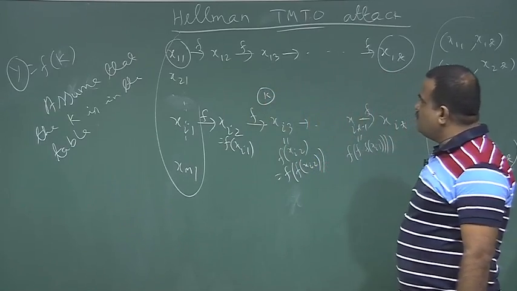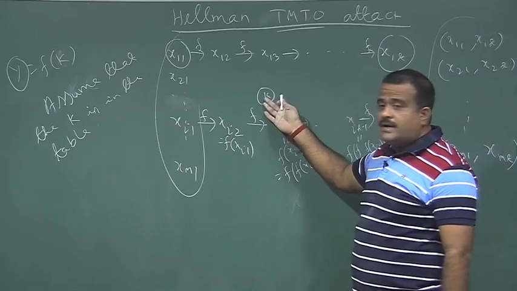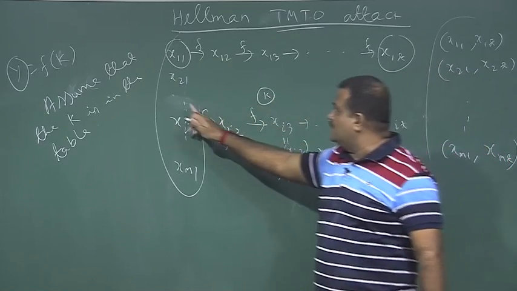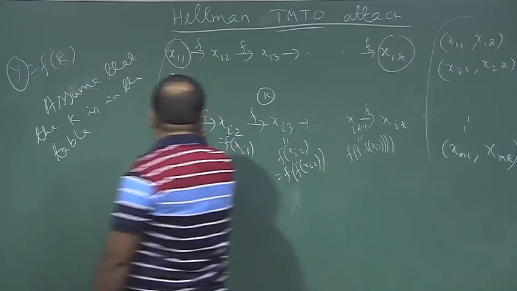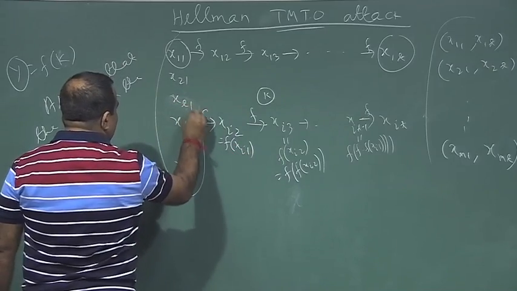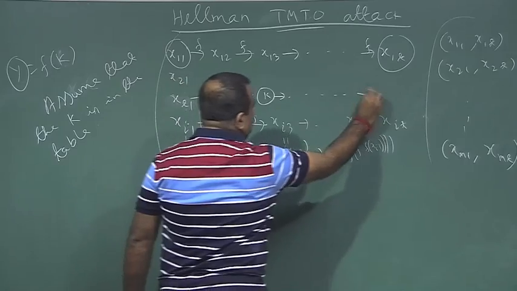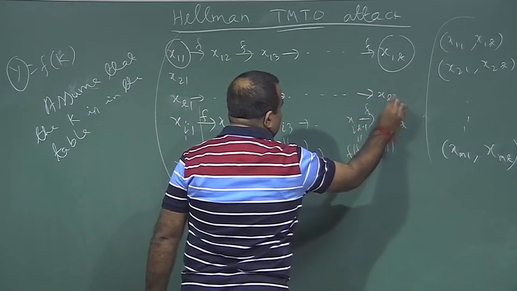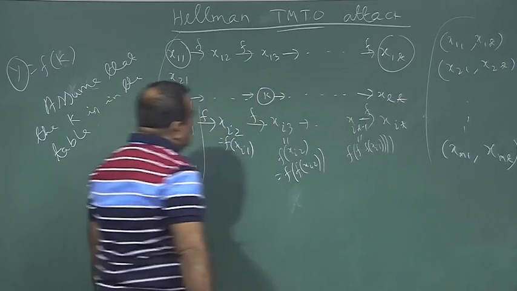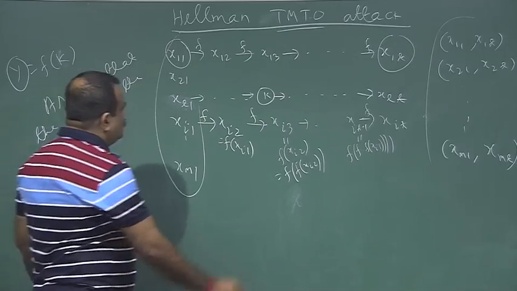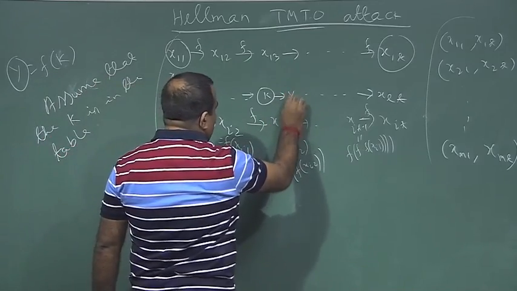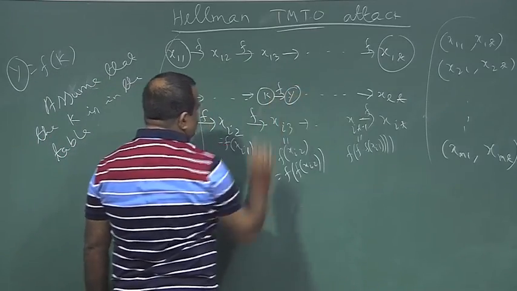Okay. So, we are not having the whole table, we are having only the start point, say start point x L 1, this is going there, and we have endpoint x l t. Okay, so what we do? If this is k, then this is our y. So, we know the y.